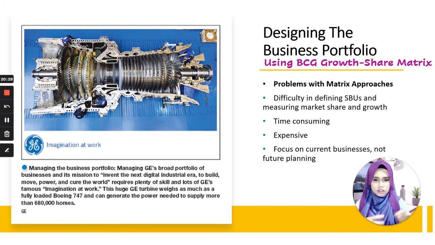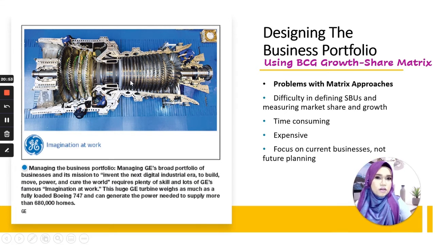So they need to think about whether they should use this particular turbine to power a plane, or make use of it to power more than 680,000 homes. They need to look at how they can capitalize on this particular technology.